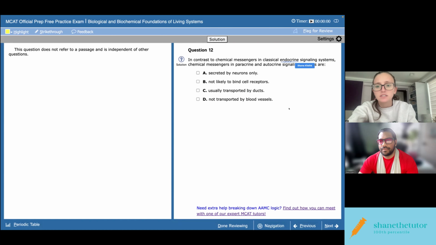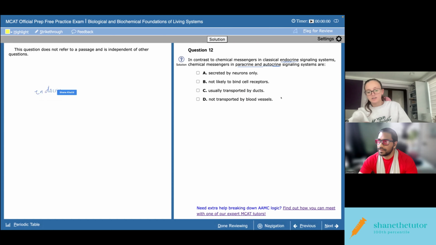So maybe we can see what values we can associate with endocrine, paracrine, and autocrine and see if it lets us get to an answer. We can process of elimination. So let's think about what endocrine is.